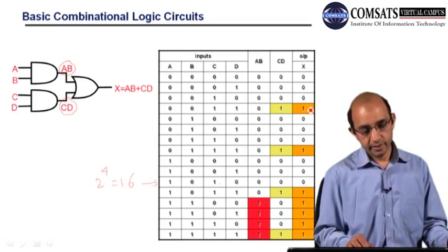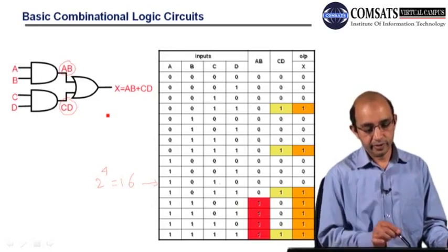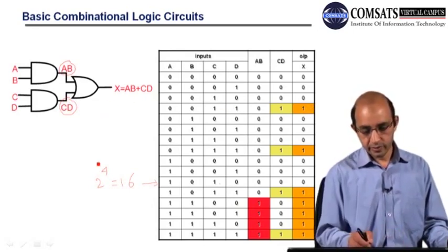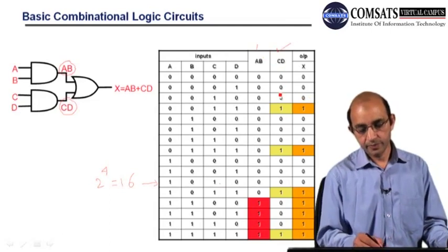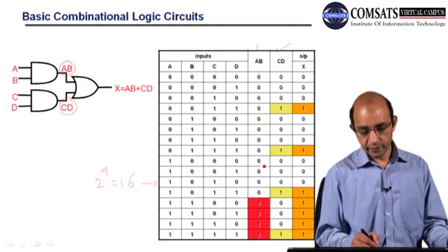If you look at the truth table, we have AB over here and CD over here, right? So you can see that we have different results for that.